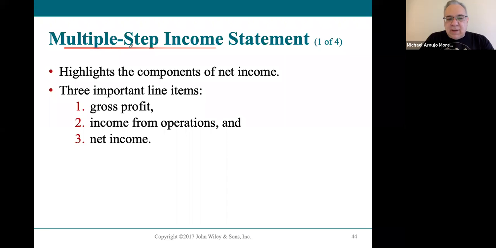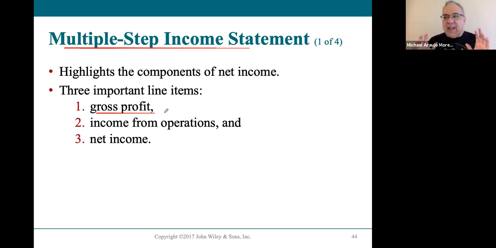The multi-step income statement breaks down the income statement into a few parts that are very important. One, we've already talked about, is it actually gives you the gross profit. Remember, the gross profit is the sales revenue minus the cost of goods sold. That's important to know, because the cost of goods sold is the only expense that represents inventory.